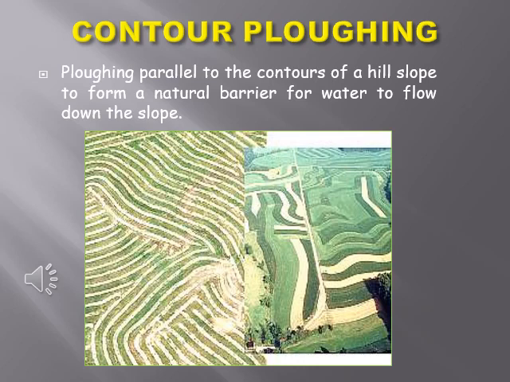Especially this method is used in hill slope areas, creating a natural barrier for water flowing down the slope. Otherwise, water would flow directly from top to bottom and erode the soil very fast. But here, water flowing through these zigzag channels will take some time to reach the slope valley, and by that time it will be absorbed by the soil in that area. So this method is called contour plowing.